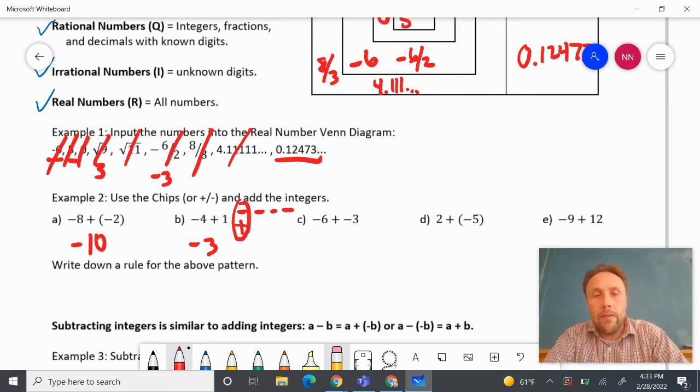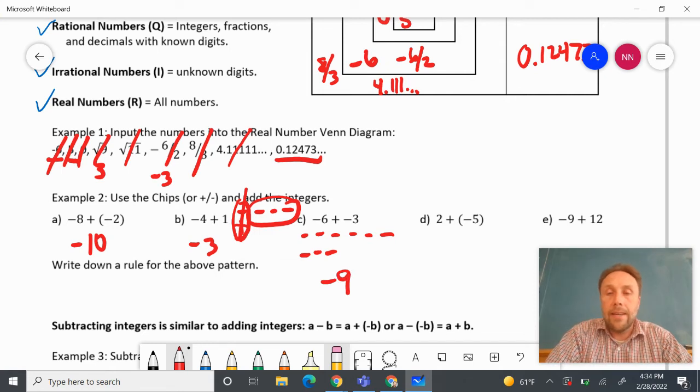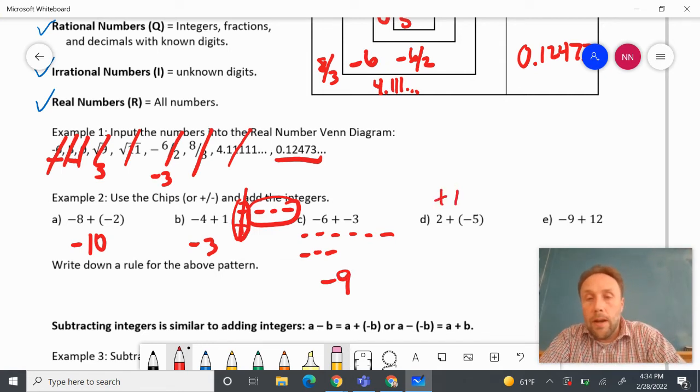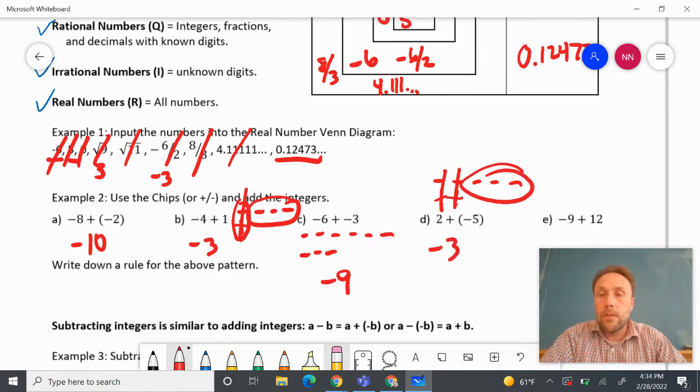A negative and positive add up to 0. So what we're left with are 3 negatives. In the same way, if we had 6 negatives and we have 3 negatives, we have a total of 9 negatives. Letter D, we have 2 positives, we have 5 negatives. These, of course, become 0, so what we're left with is 3 negatives.